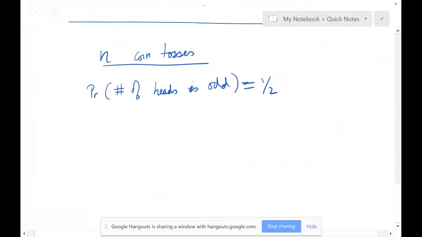So we want to be able to prove this. We want to argue that the probability that the number of heads is odd is exactly a half. Okay, so we don't know n.